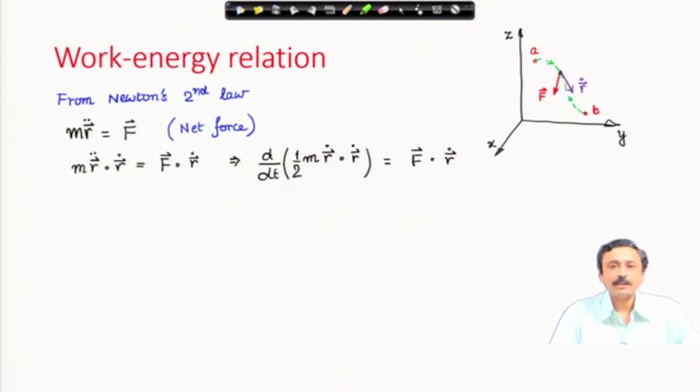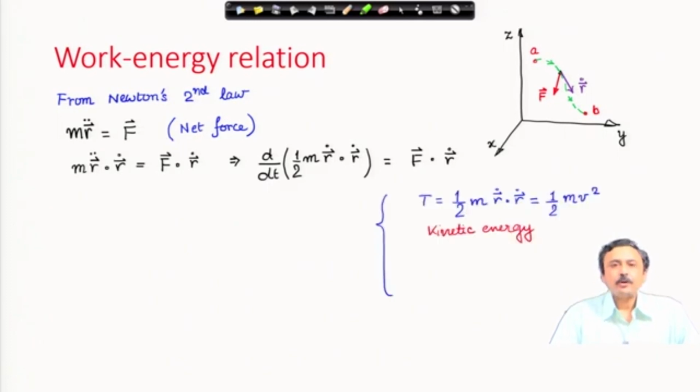Therefore, you recover the left hand side which I have written previously, and that must be equal to force dot the velocity vector. Now, you know that this expression half m dr/dt dot dr/dt is nothing but half m v square, because r dot dot r dot is r dot square, basically velocity square.